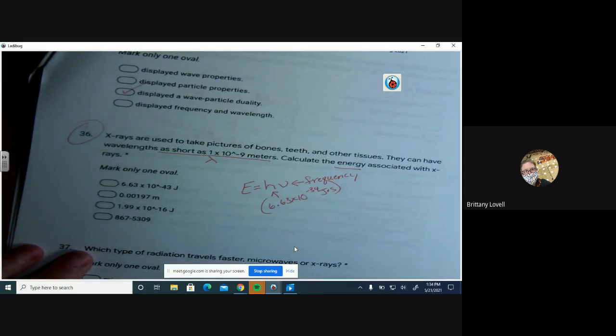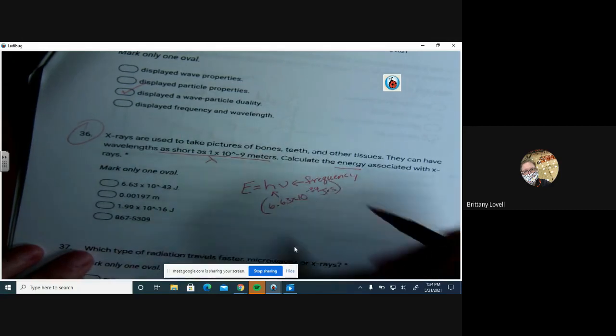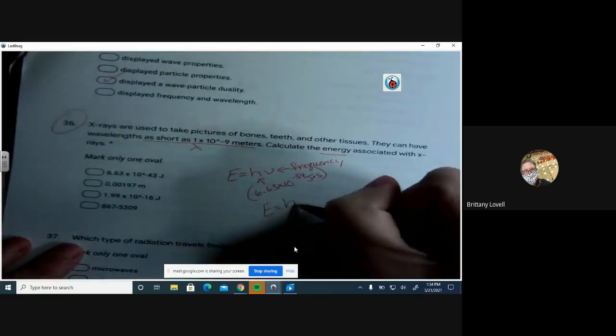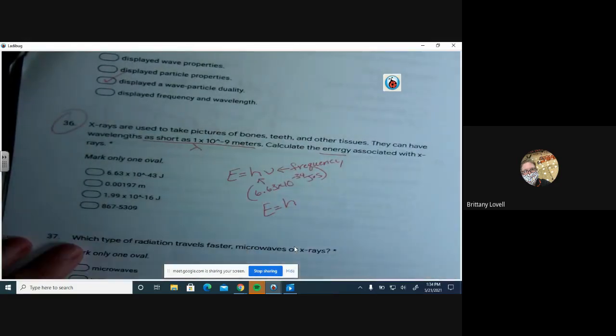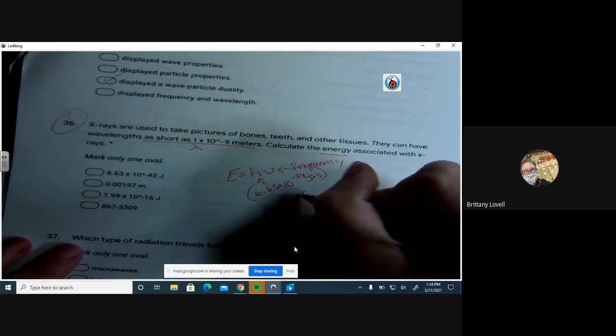But the problem is they don't give us frequency here, do they? They give us wavelength. So instead of using this formula, we're going to have to use a variation of it. So we're going to say E is equal to h, Planck's constant, times, instead of frequency, let's just sub in the speed of light over wavelength. We'll use that formula. Okay?